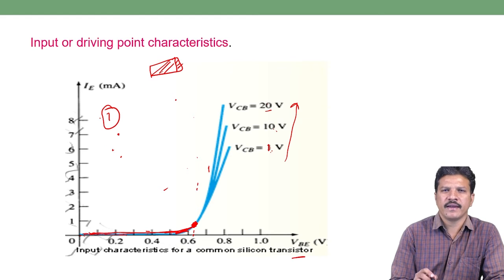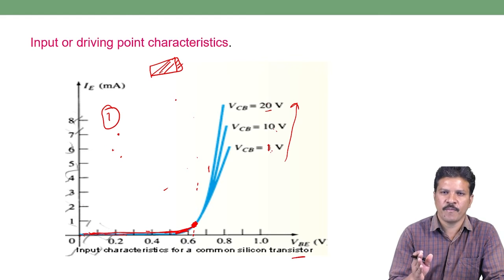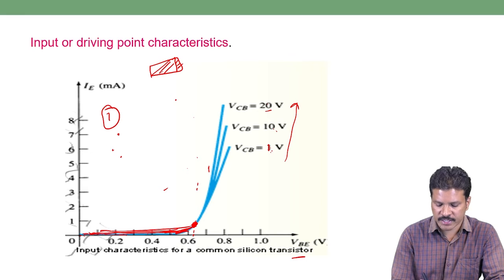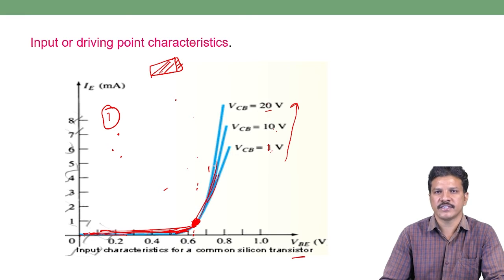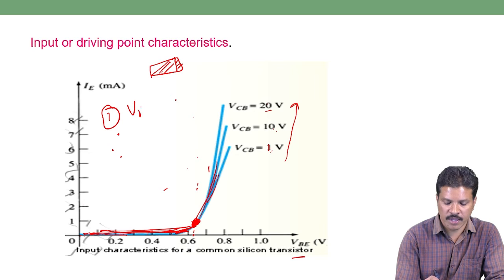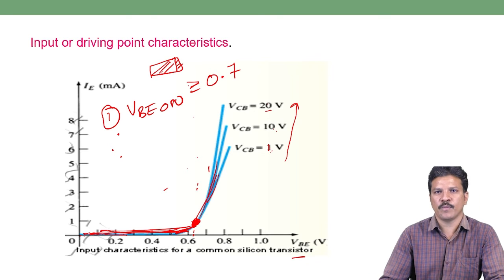In order for the transistor to act as an amplifier, the input junction must be forward biased. So you always operate greater than this cut-in voltage, VBE of 0.7 volt. Only then does current flow and the transistor gets on. So VBE on is greater than or equal to 0.7.